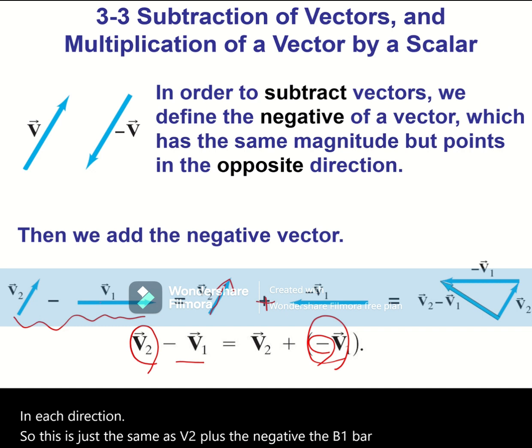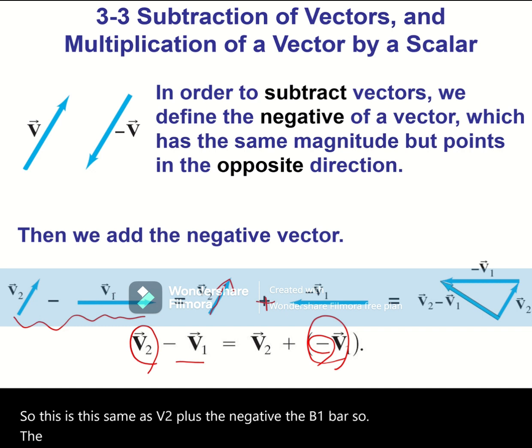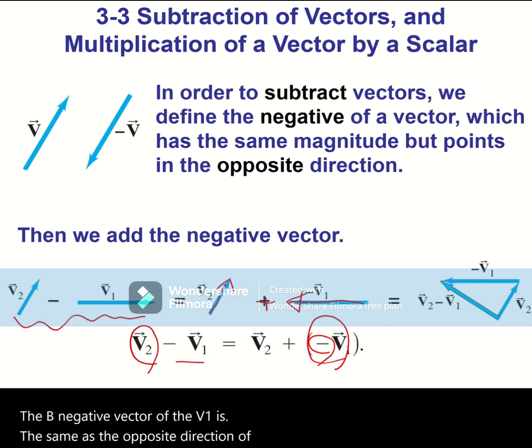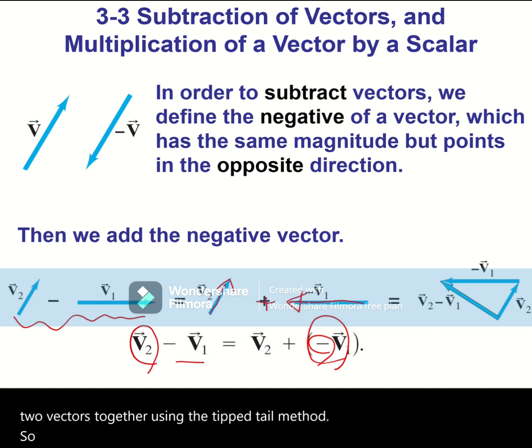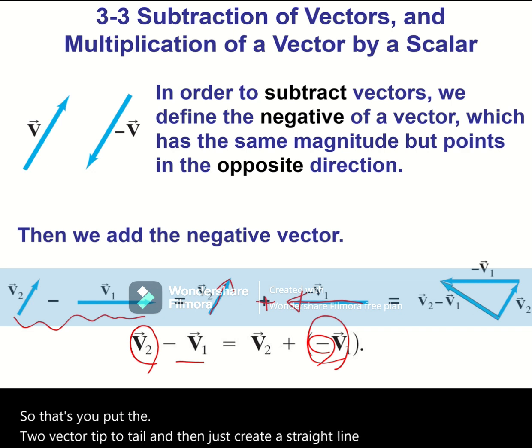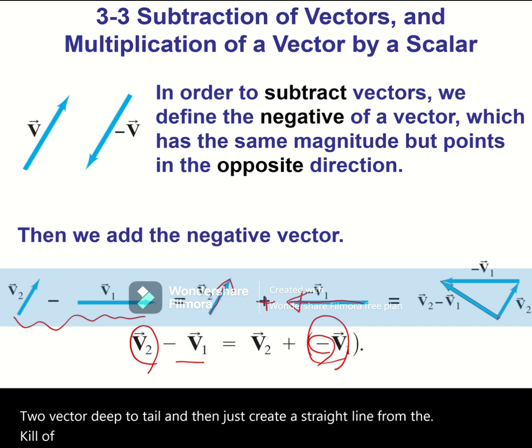The negative vector of v1 is the same as the opposite direction of the v1 vector. So now you just add these two vectors together using the tip to tail method, so you put the two vectors tip to tail, and then just create a straight line from the tail of the second vector to the tip of the negative first vector.